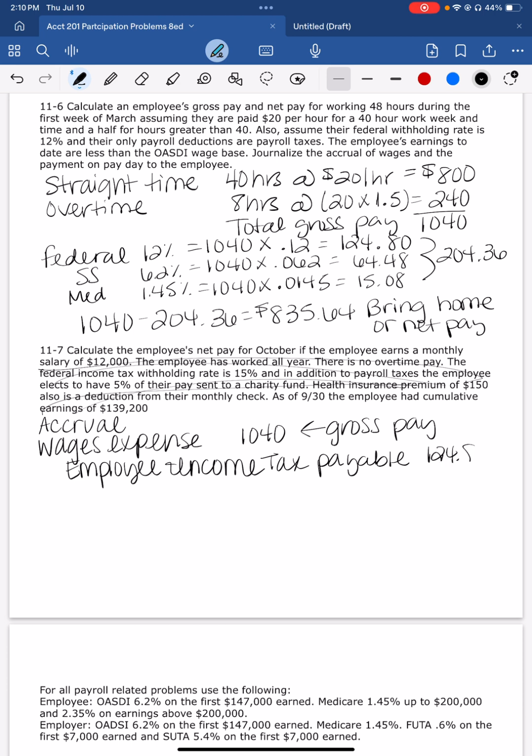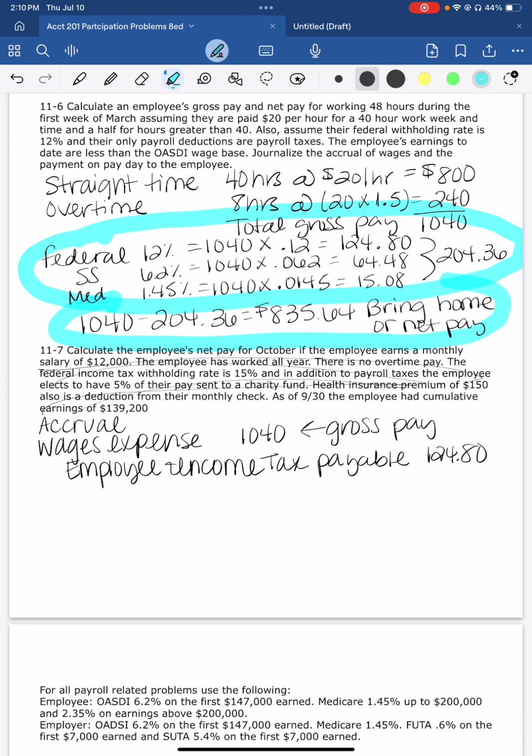And you're not calculating anything new. We are using all of this information right here. We're going to have our part for Social Security. And our second part of FICA is Medicare.